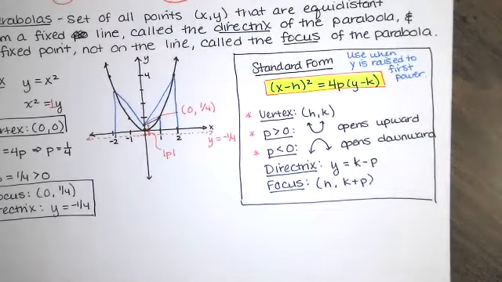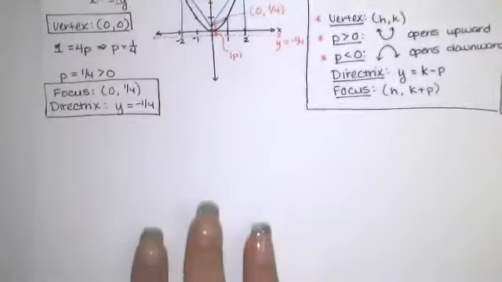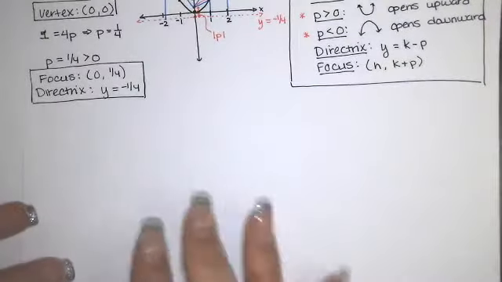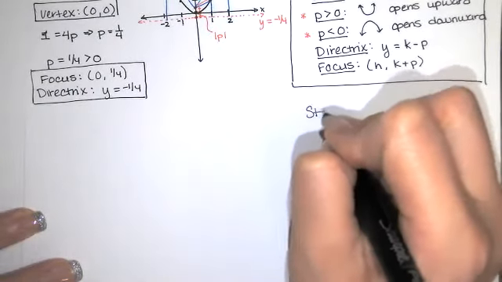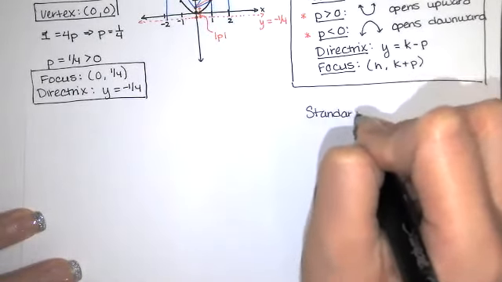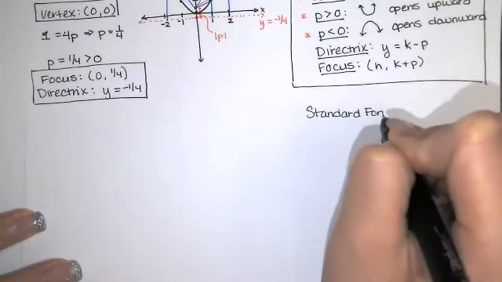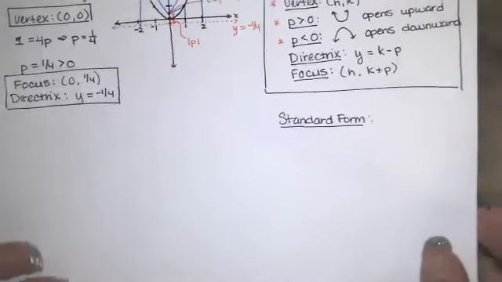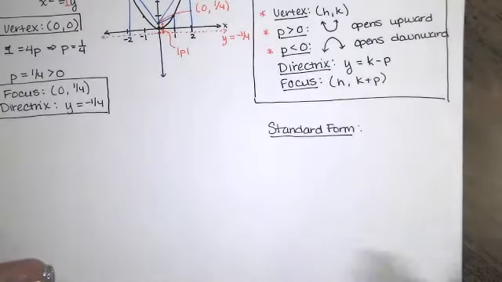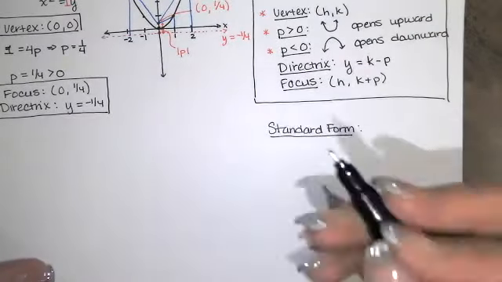Now the other standard form is best illustrated this way. It's when x is equal to y squared, or when you have an x to the first in your equation and a y squared in your equation.